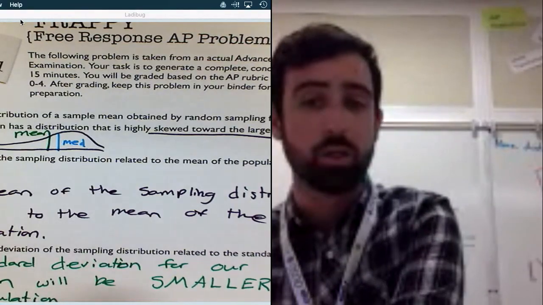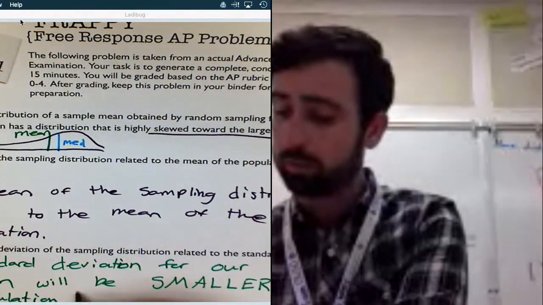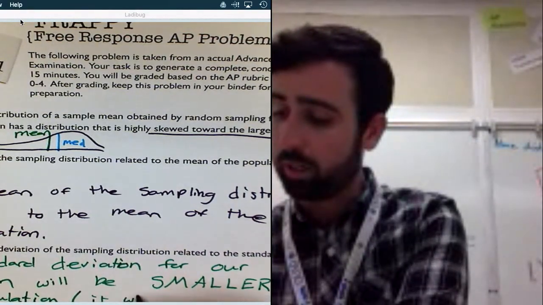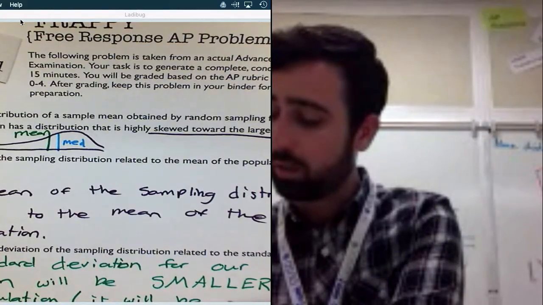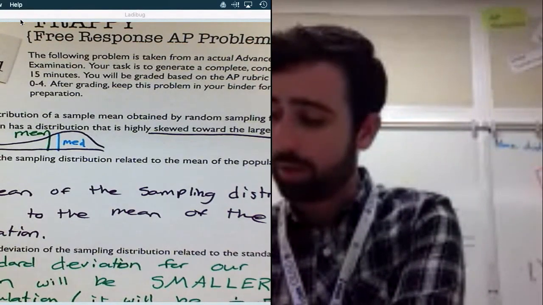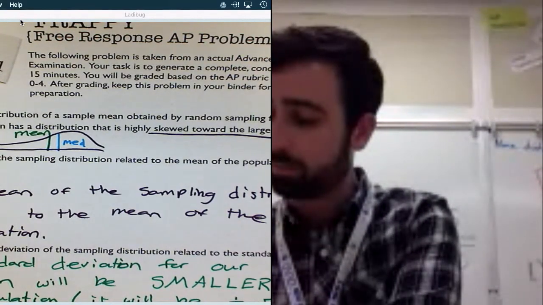And we can actually tell you exactly how much smaller, right? It will be divided by the square root of n smaller.